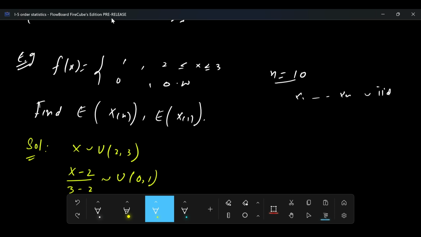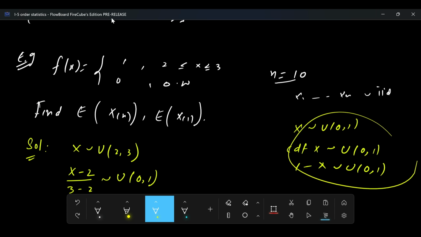We have the result for uniform 0 comma 1, that's why I did a transformation here. That's (x minus a) upon (b minus a), the CDF, which follows uniform 0 comma 1. See, when x follows uniform 0 comma 1, the CDF of x will also follow uniform 0 comma 1, and 1 minus x will also follow uniform 0 comma 1. Remember this.